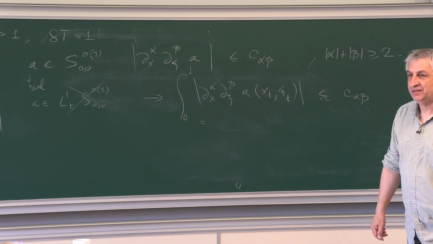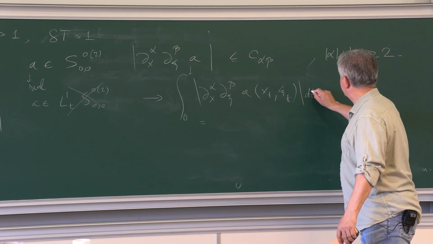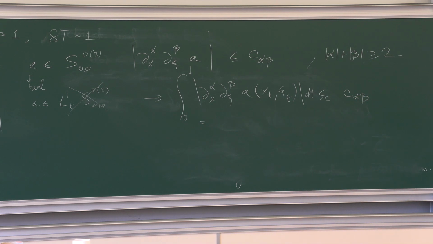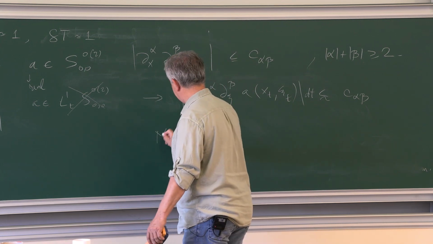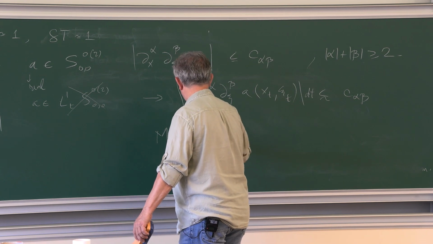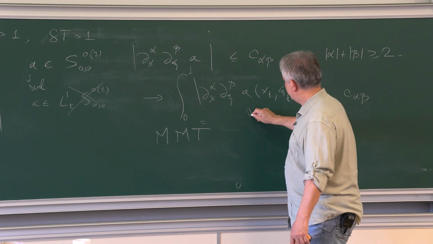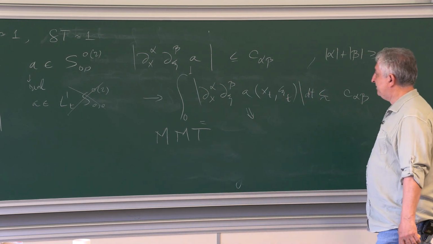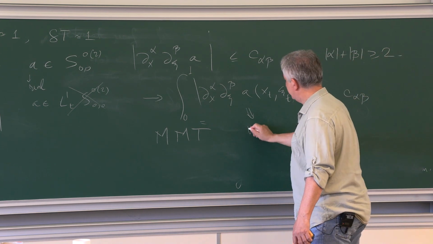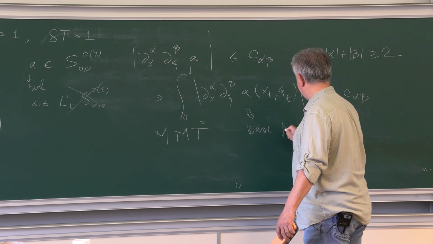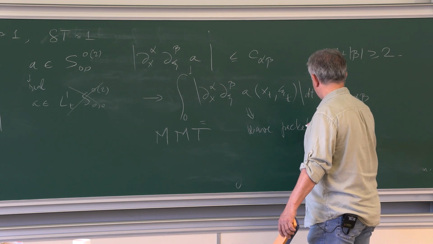Say it again? It's integrating in time. Yeah. And so the contention, this was work also with Jeremy Marzuola and Jason Metcalfe, says that if you have this condition, then you have a wave packet parametrix.